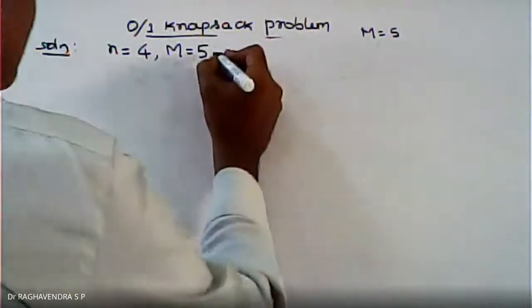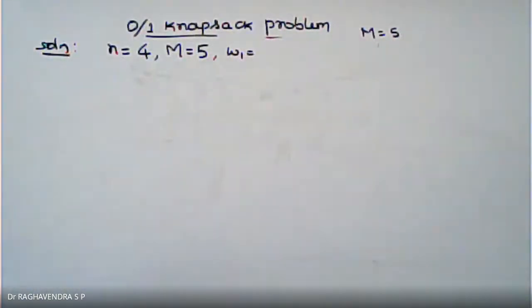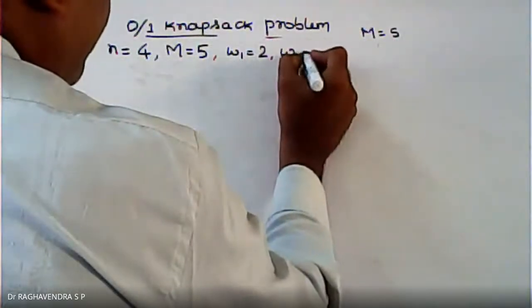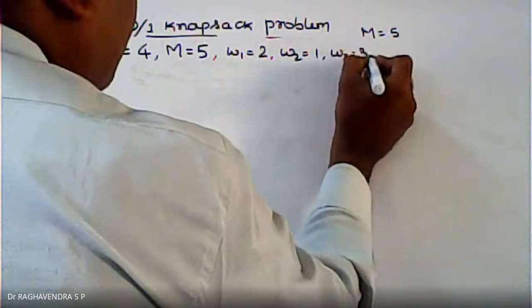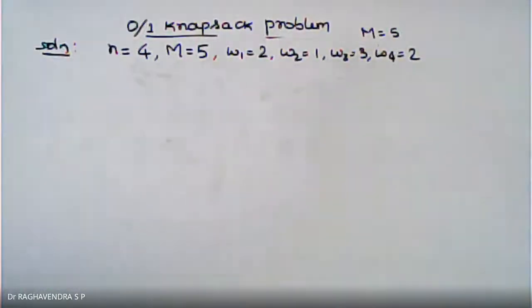Below, write again: W1 is equals to 2, W2 is equals to 1, W3 is equals to 3, W4 is equals to 2.